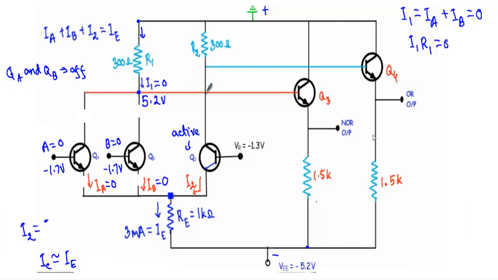Therefore you will see this IE will flow through the collector terminal of the transistor Q2, and this same IE will flow through the resistor R2. As I2 will be entering from this direction, so this terminal will be positive and this terminal will be negative, as I2.